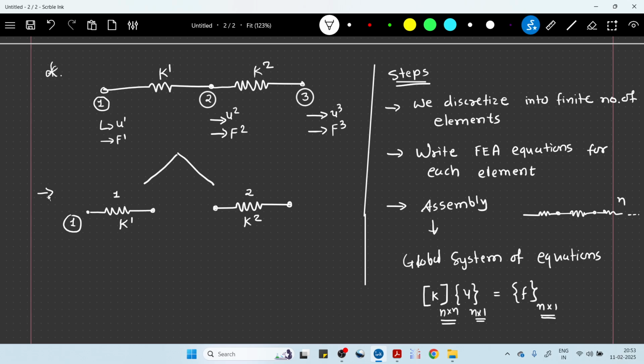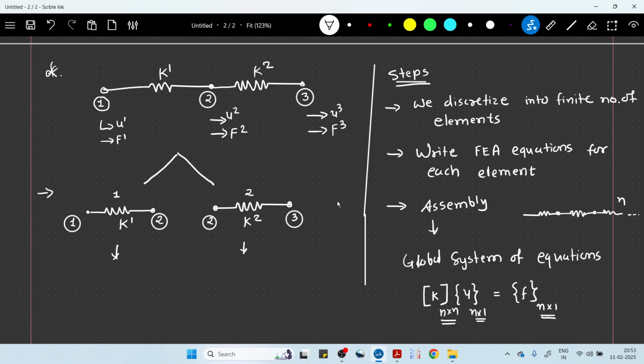Node 1, node 2 for element 1; node 2 and node 3 for element 2. This is a solid mechanics principle, where each member is represented as a free body diagram. Now we will write FEA equations for both of these.